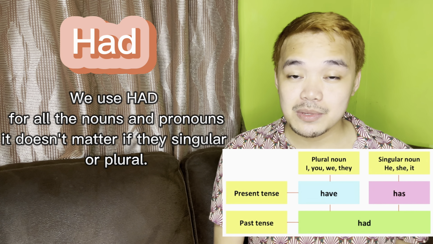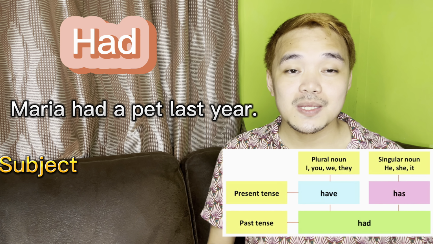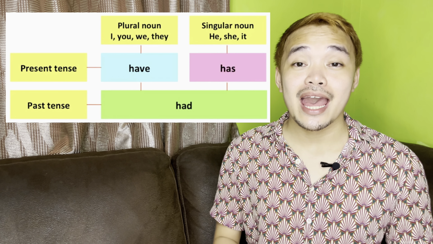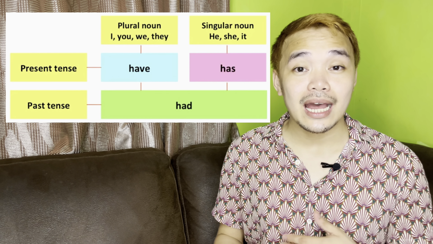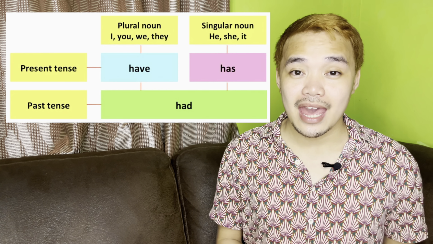Okay? Another sentence, Maria had a pet last year. Our subject is singular, which is Maria. Still, we have to use the verb had. So the past form of have and has is had. So again, we use have for any plural nouns and pronouns such as I, you, we, and they.